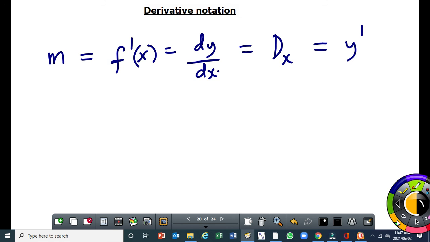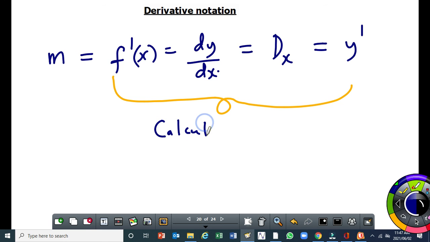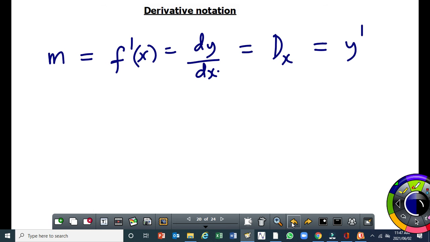When I say 4, I'm excluding m. M is not a calculus notation for gradient. It's these 4 here. These are the calculus notations for gradient. So I'll write here differential calculus. I don't like to write calculus alone because it will seem like I'm talking about geography.